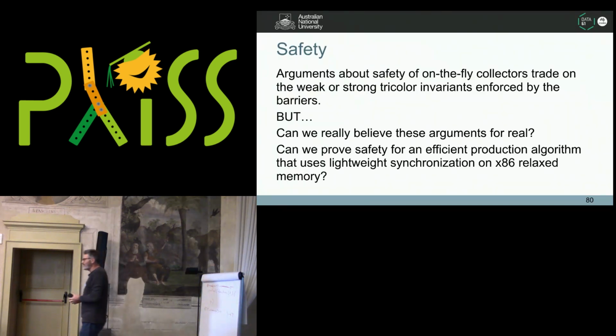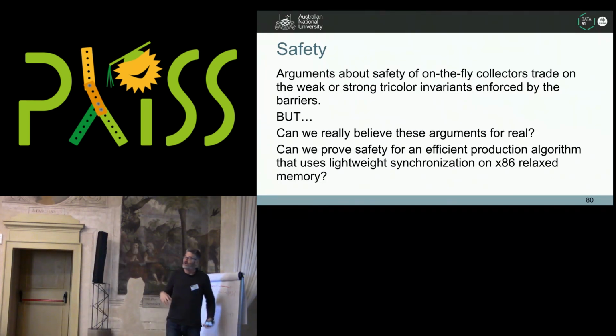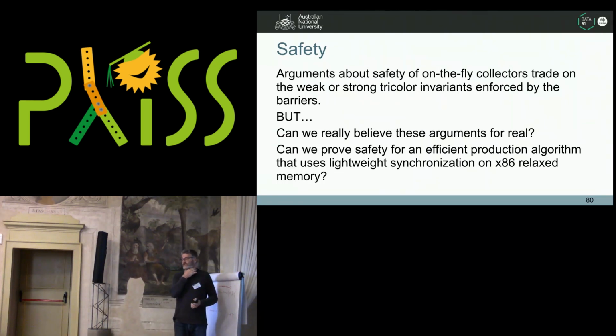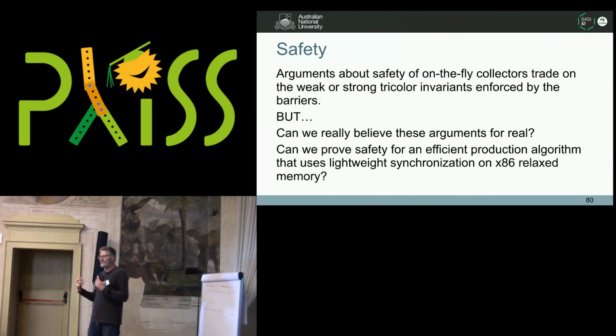Okay. So once again, safety in a concurrent collector can be reasoned about by taking these invariants and reasoning about the steps of the mutator and the steps of the collector together to make sure that these invariants are enforced by the mutator and the collector code as they execute.